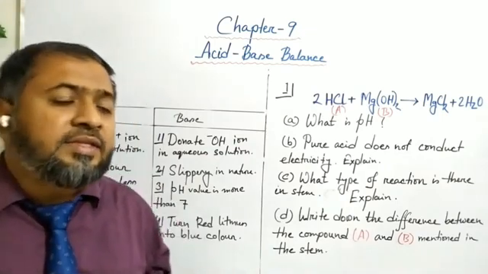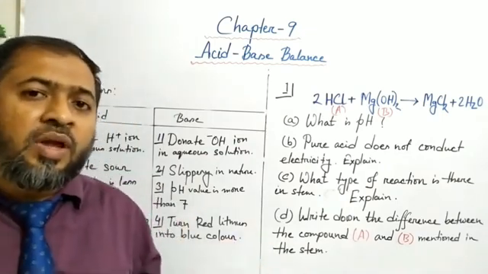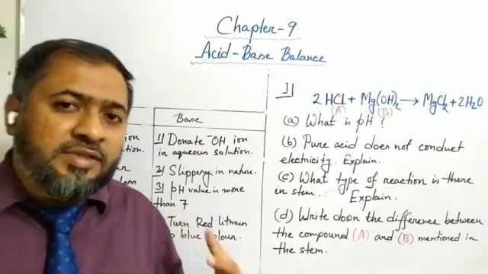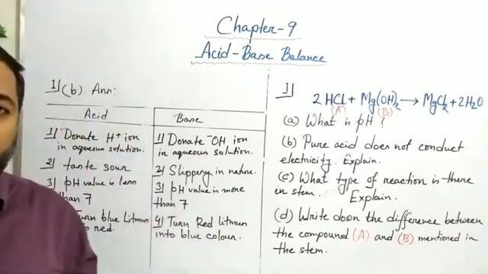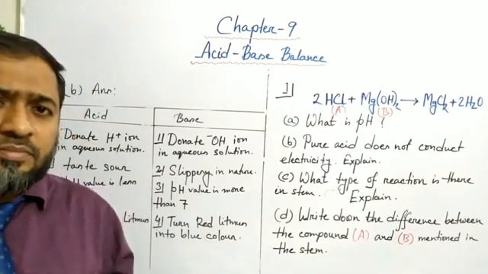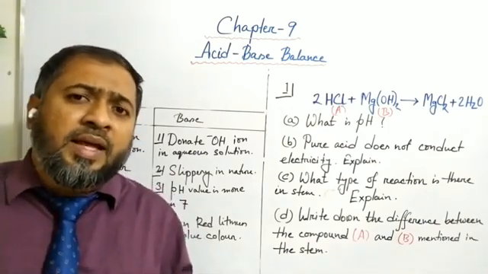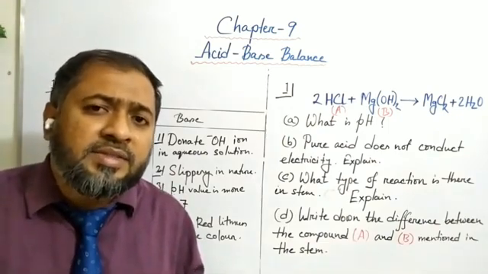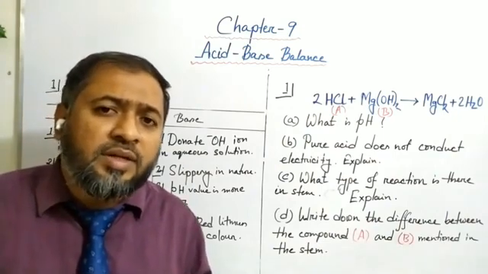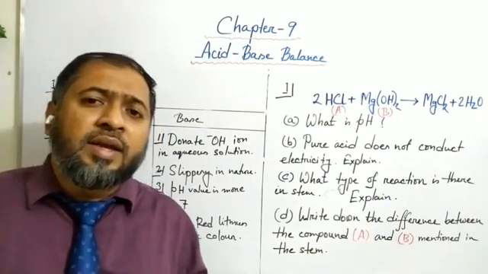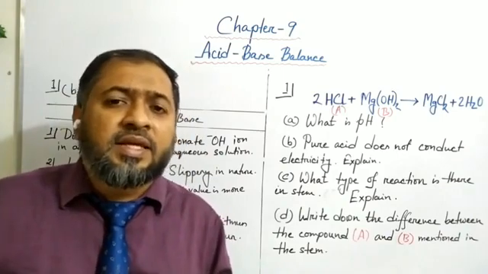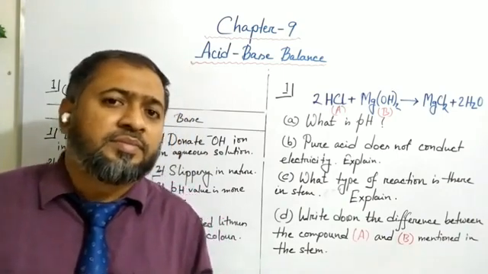So acid donates hydrogen ion and base receives hydrogen ion. Number 2. Number 3, when acid reacts with base, it produces salt and water. Similarly, when base reacts with acid, it produces salt and water.